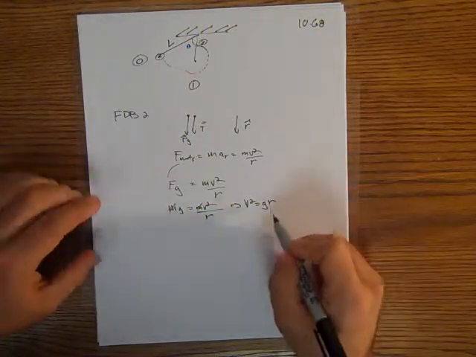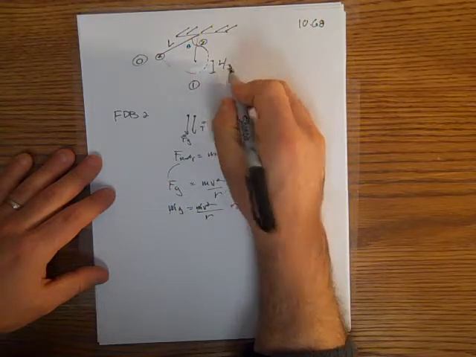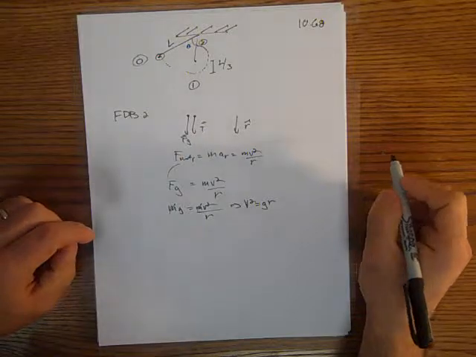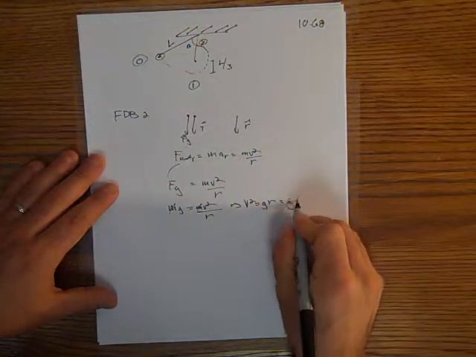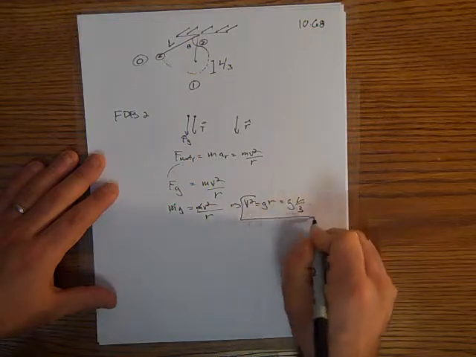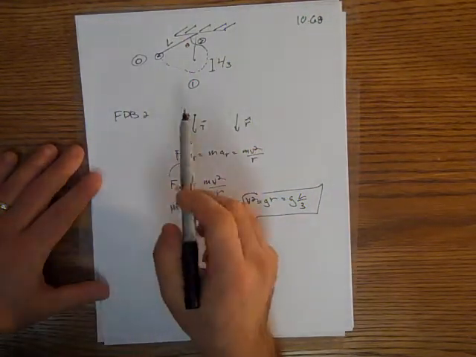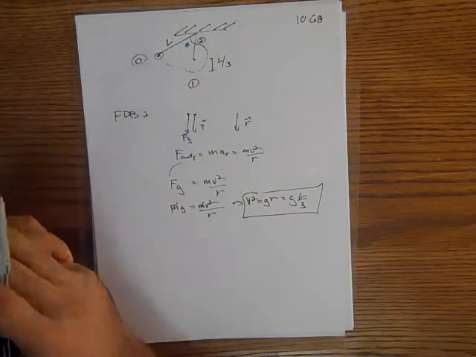But the radius of this circle, we're told that this is L over 3. So v squared is g L over 3. Okay, so we're going to keep that in mind. And now this is just a couple of energy conservation steps.